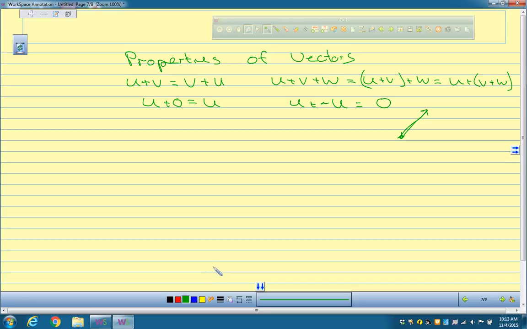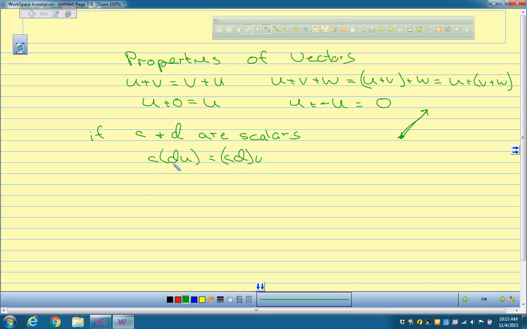Then just two more things on scalar multiplication. C and D are scalars, meaning numbers. If C and D are scalars, and u is a vector, then C times D times u is equal to CD times u, okay?